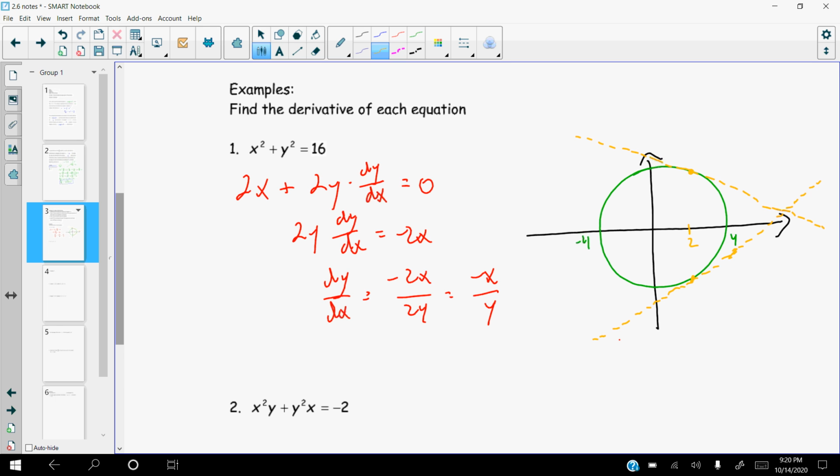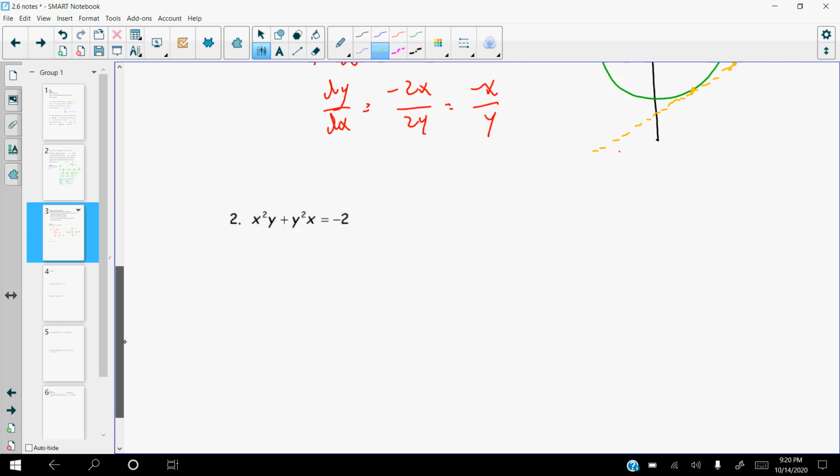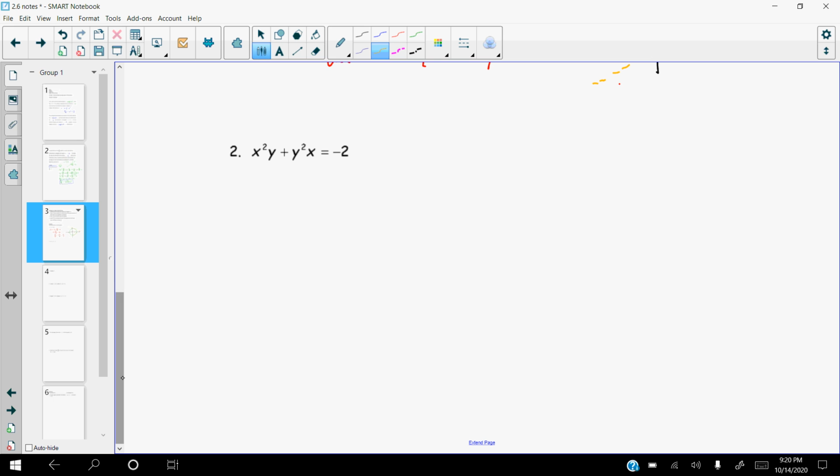All right, let's do another example, number 2. x squared y plus y squared x equals negative 2. What you should see is this part right here is a product. This part right here is a product. We are going to have to do 2 product rules in order to find this derivative. So let's go ahead and take the derivative.